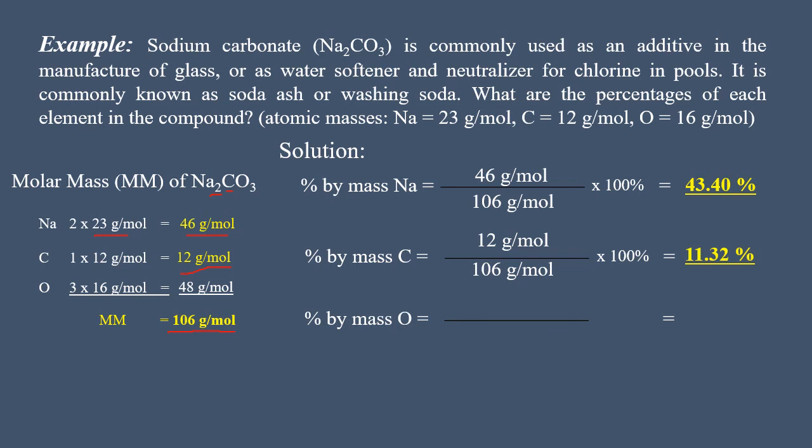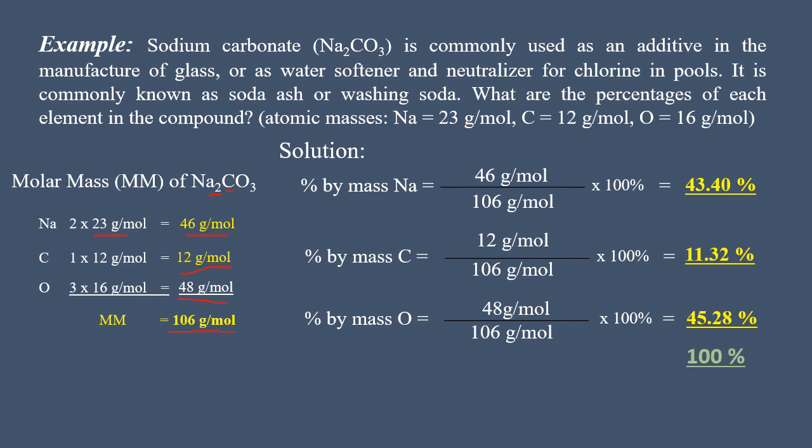And lastly, for the percentage by mass of oxygen, it will be derived from dividing 48 gram per mole taken from this, divided by 106 gram per mole, the molar mass of sodium carbonate, multiplied by 100%, which will give you 45.28%.